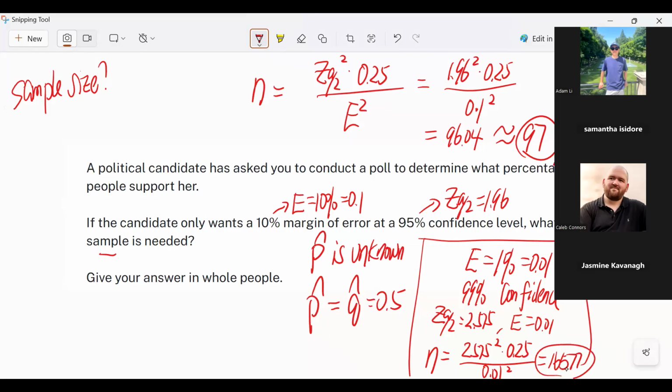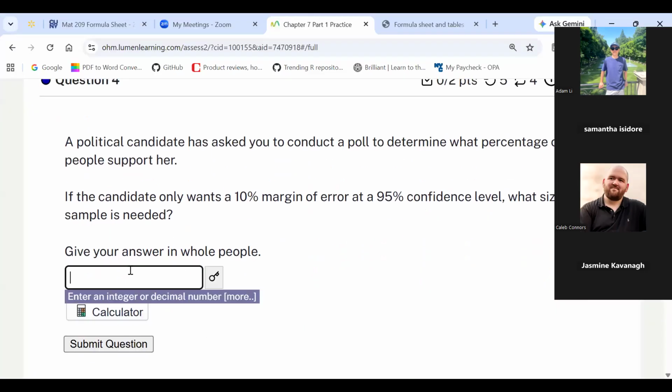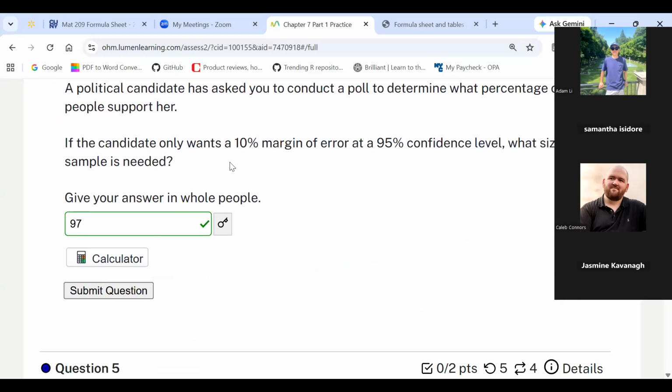So you change the parameters slightly, then all the remaining things change, right? Like sample size definitely goes up significantly. Any question about this? Okay, so it's going to be 97 for this condition.